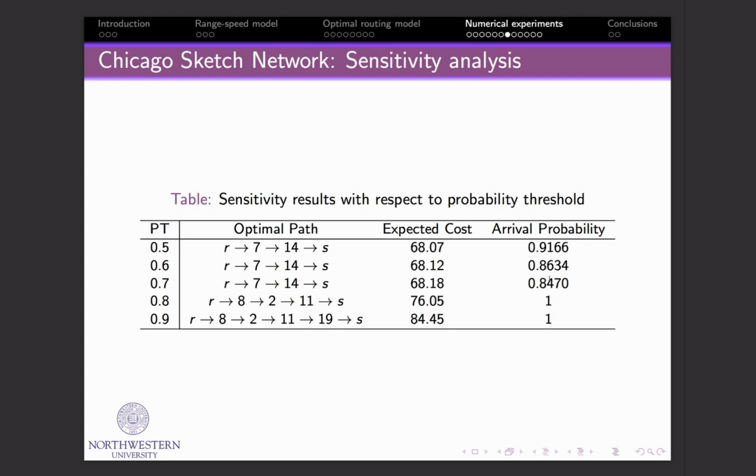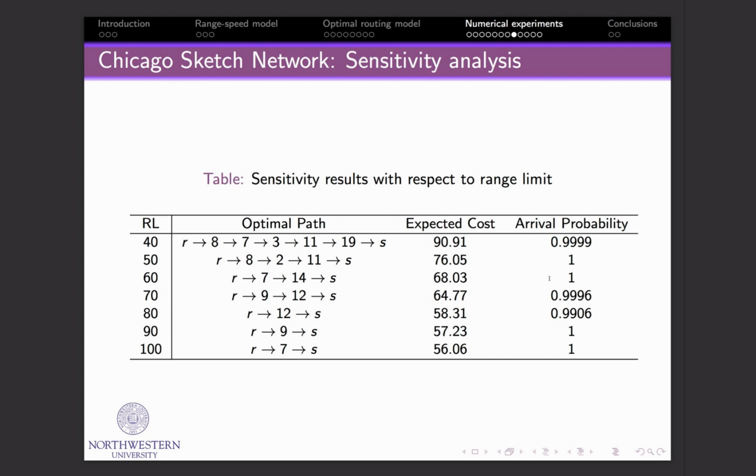At first, when the range limit is very low, you need many refuelings to satisfy the probability threshold. But when the range limit increases to 100 miles, we can see the expected cost decreased dramatically, and the arrival probability is also 1. You only need 1 refueling.